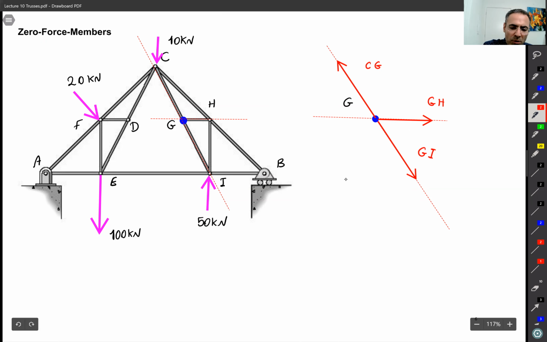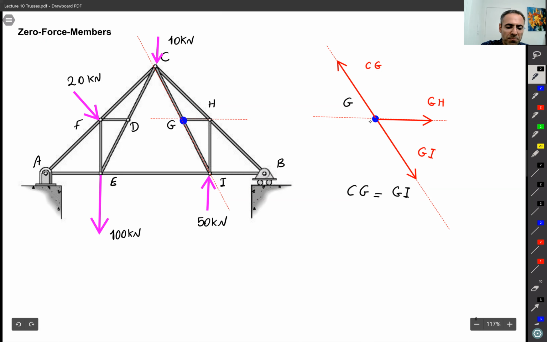Okay. So in this diagram, we know that we are in static equilibrium. We know that this point G must be balanced, right? So if this point G must be balanced, immediately we can say, well, this CG must be equal to GI, right? There is no way around it. CG must be equal to GI.